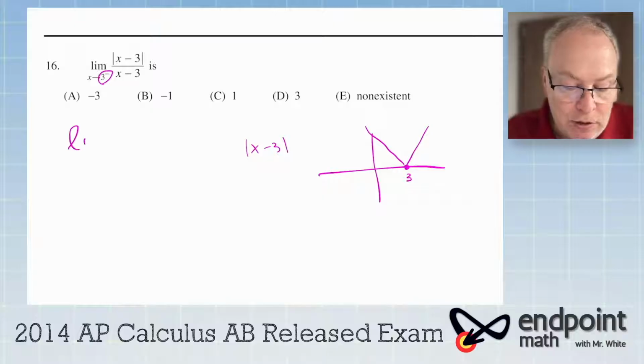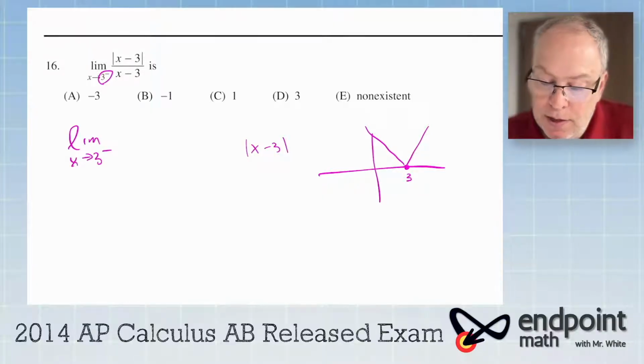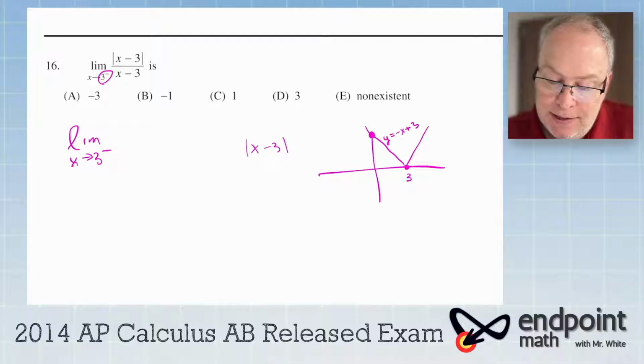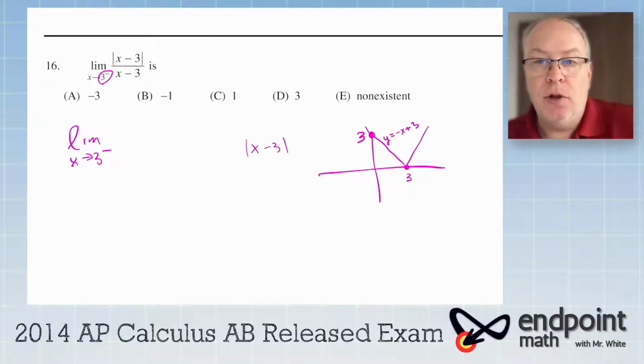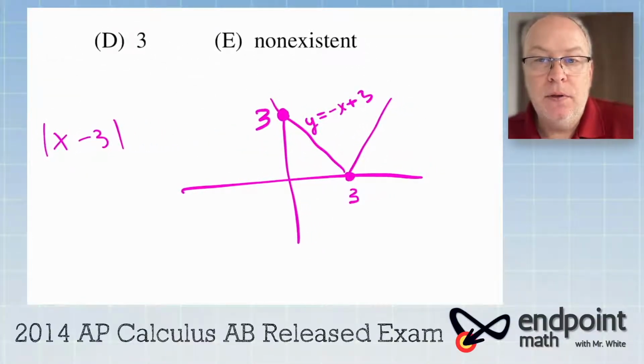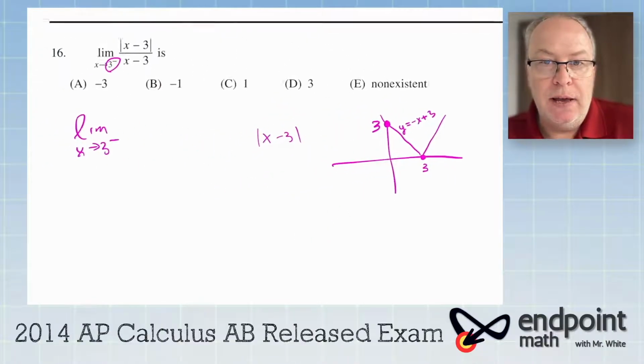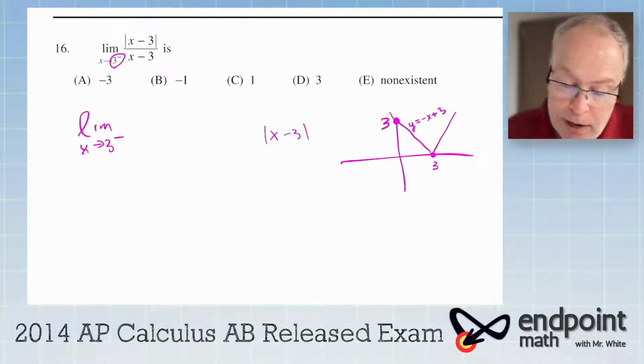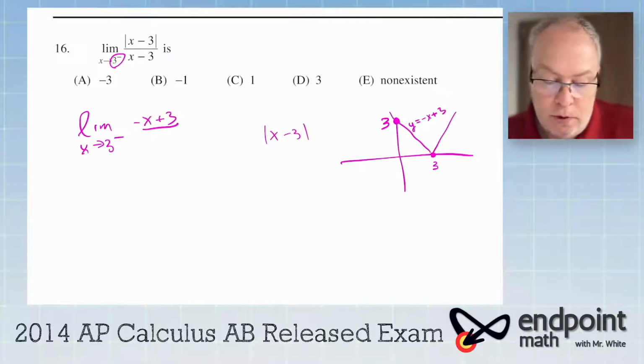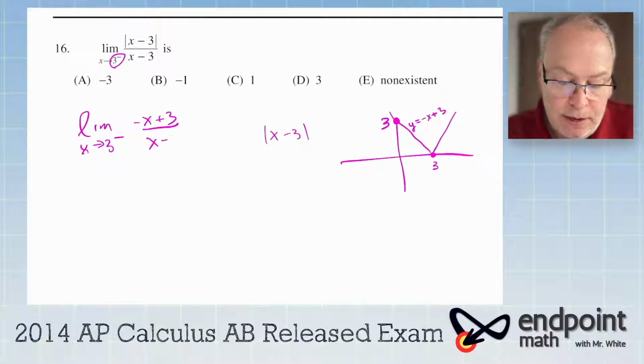So I can literally replace it with this line. This is y equals negative x plus 3, because this hits at 3 and it has a slope of negative 1. You see that? It hits at 3 and has a slope of negative 1. So I can put that up here, negative x plus 3 all over x minus 3.